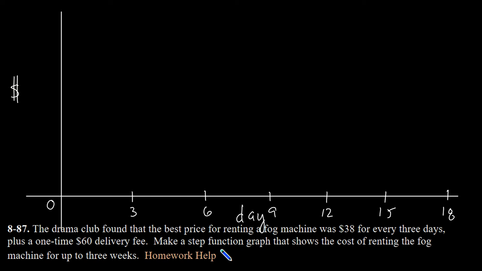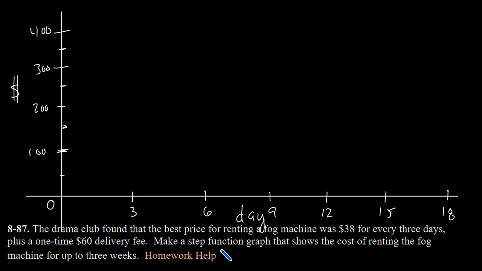So how do I want to scale this? I could say this is 100, that would be 50 then. That's 100, this is 150, 200, 250, 300, 350, 400 maybe. 100, 200, 300, and again these are dollars.